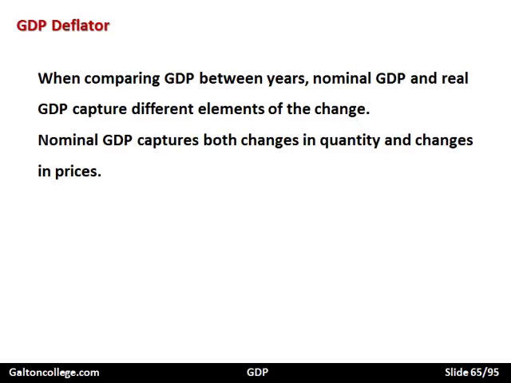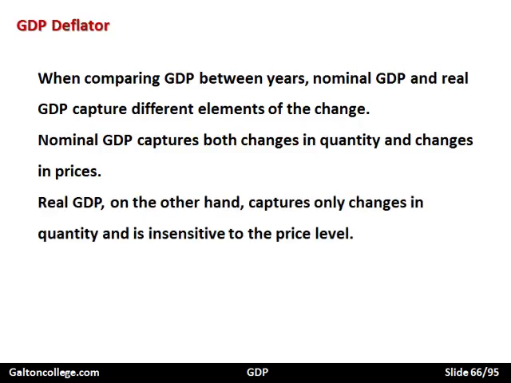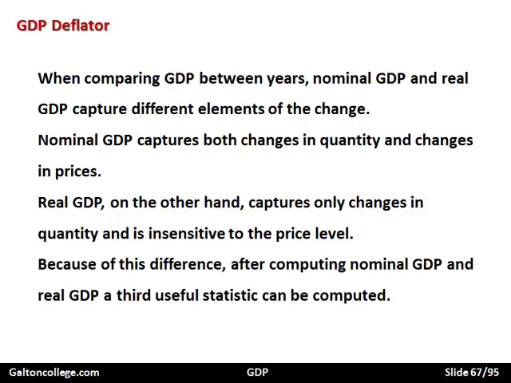Nominal GDP captures both changes in quantity and changes in prices. That's important. So nominal GDP captures changes in both quantity and prices. Real GDP, on the other hand, captures only changes in quantity and is insensitive to the price level. So that's the big difference between nominal GDP and real GDP.